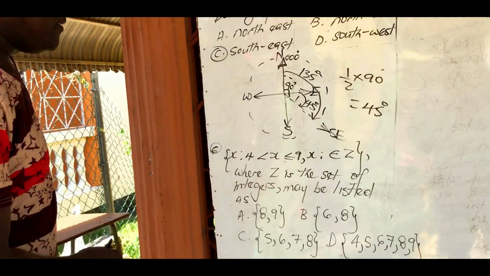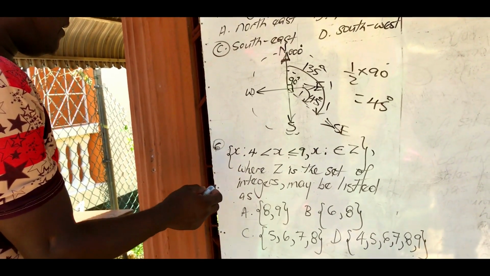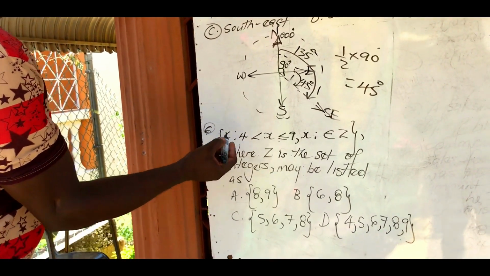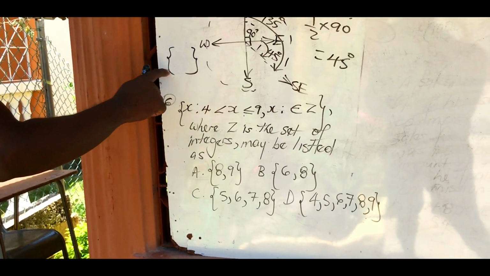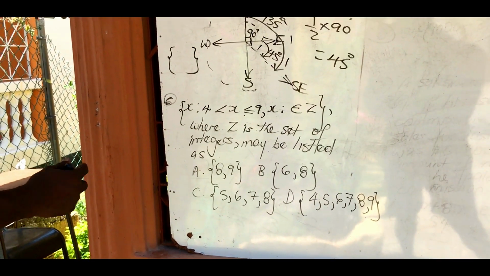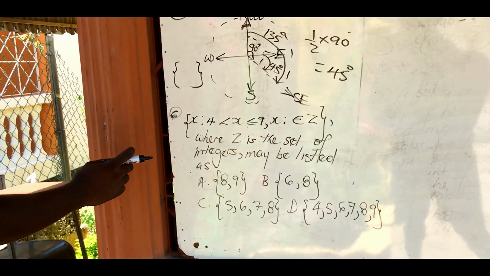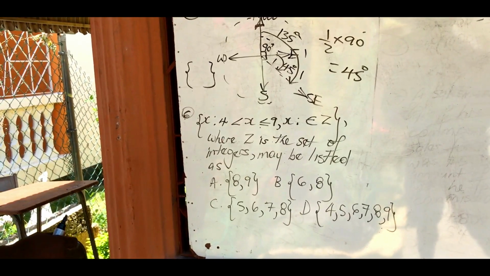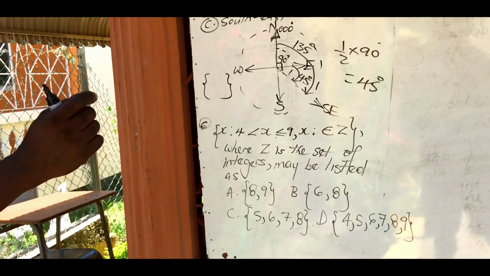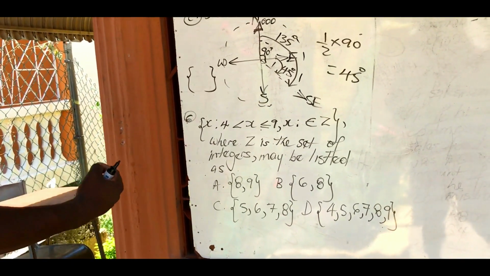Now, number 6. Here we have the set, because the curly brackets here indicate the set or the set of. So in set notation, let us read it, because here set has its own language. Mathematics has its language and each topic has its language.